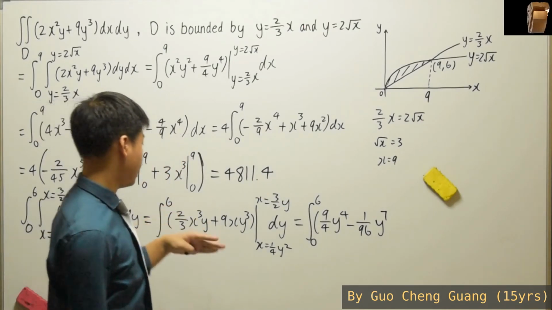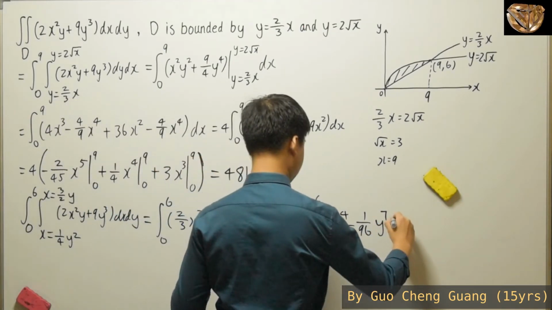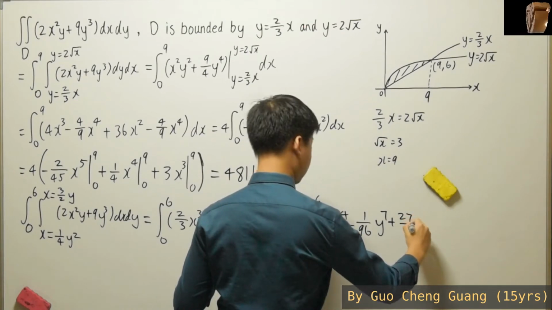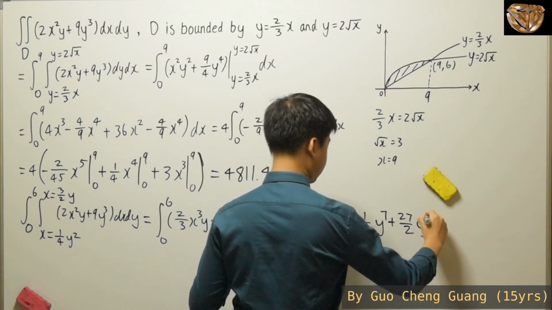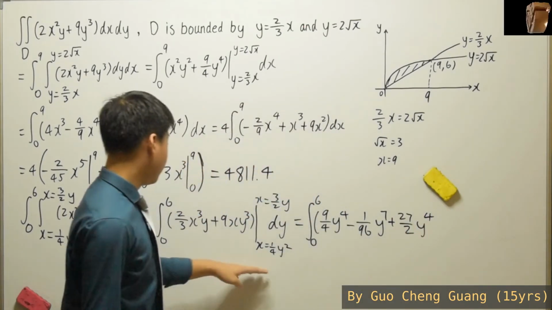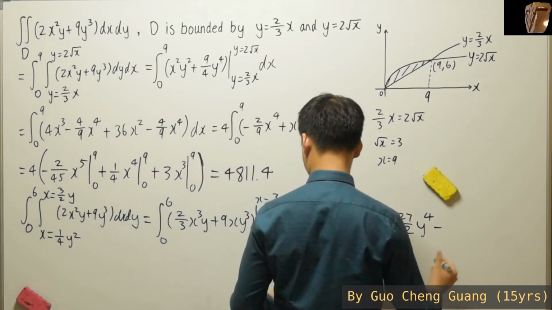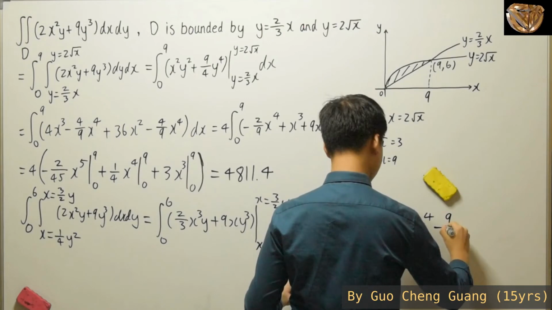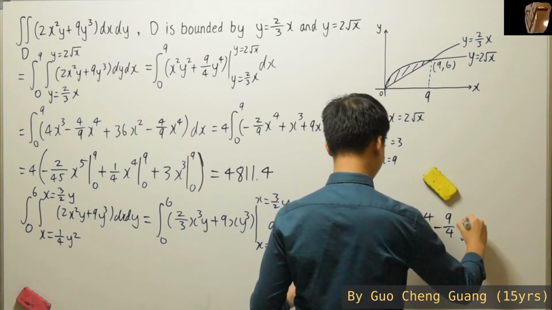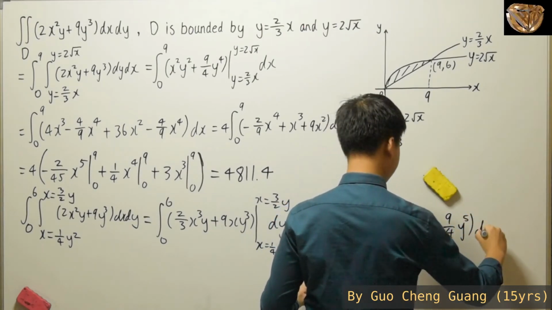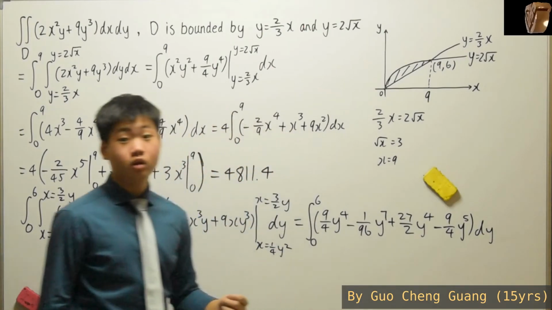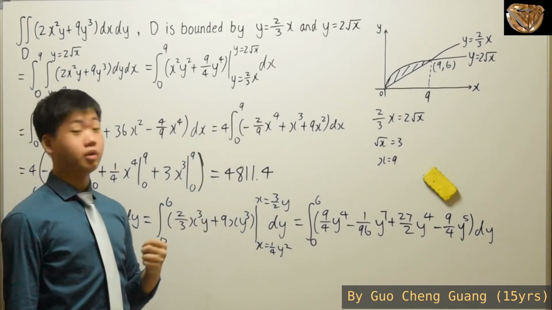And then you add on 27 over 2 y to the power of 4, and you of course have to deduct something. So deduct 9 over 4 y to the power of 5 and dy. Right, so this is what we're going to see.